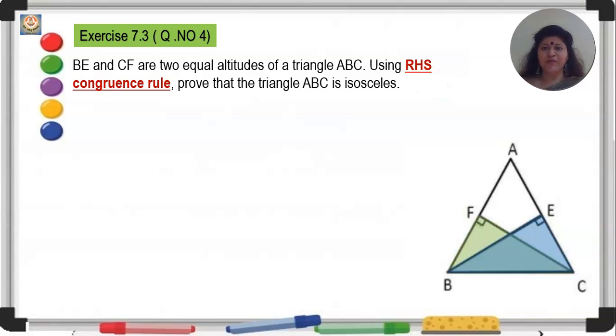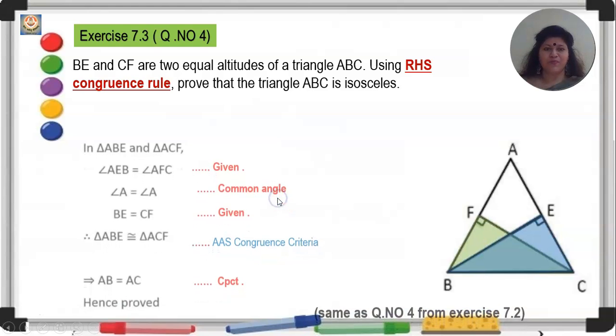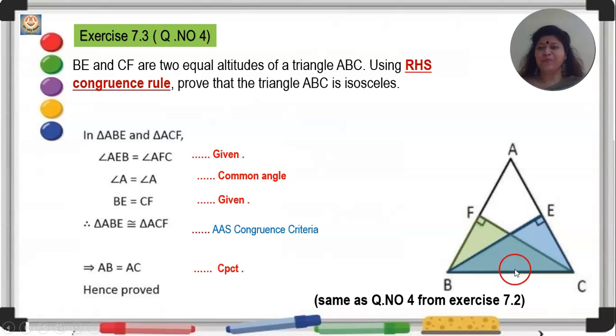Now let me remind you how we had done this by AAS congruence rule. So this was the solution wherein we took triangle AFC and triangle AEB. And in this, angle AEB is congruent to angle AFC because it is given, each is 90.